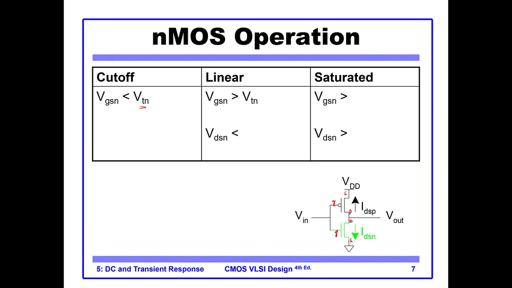When the gate to source voltage crosses the threshold voltage, the transistor turns on.